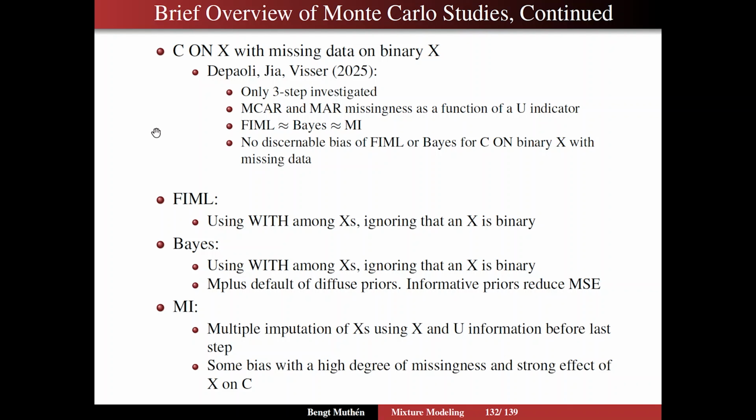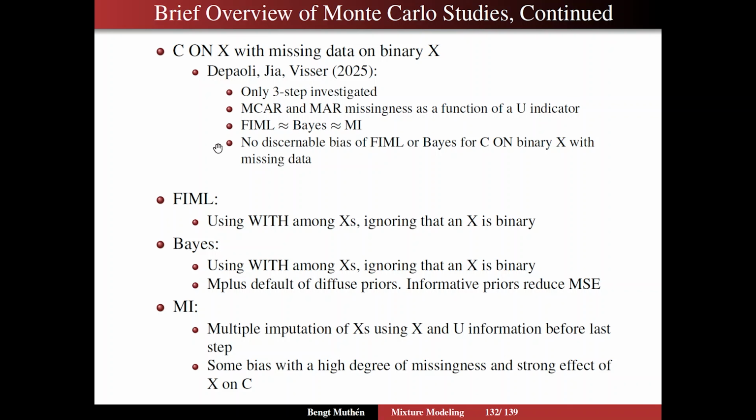It's hard to say. They found that FIML, that is maximum likelihood, was approximately equal to Bayes and approximately equal to multiple imputation. And no discernible bias was found for FIML, ML, or Bayes for C on X when X is binary with missing data.